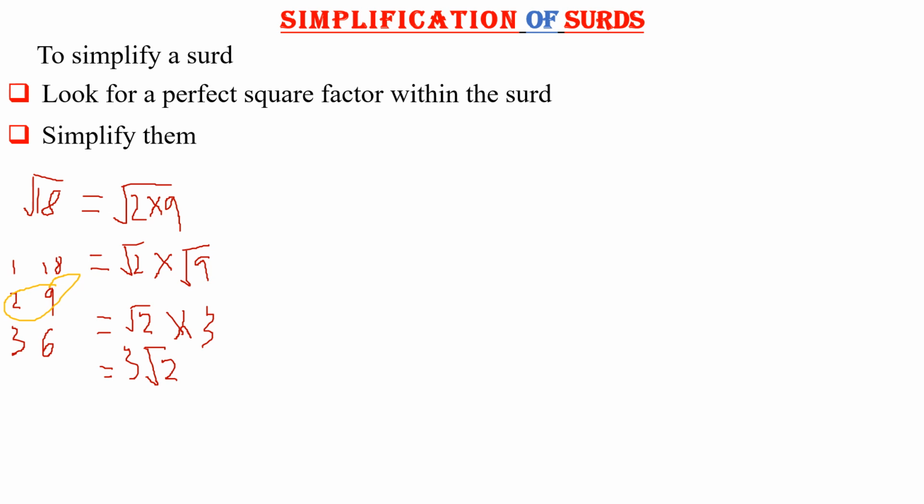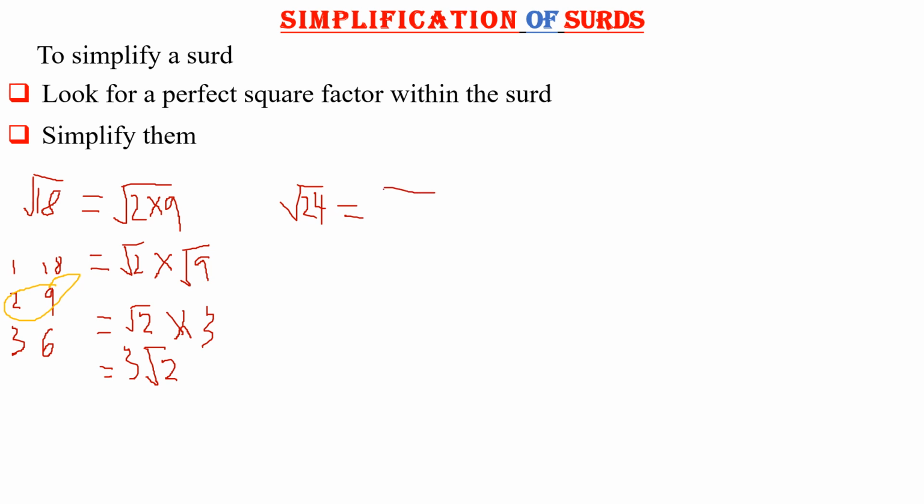Let's look at another example. We have the square root of 24. The two numbers to which one is a perfect square to give us 24 is 6 and 4.